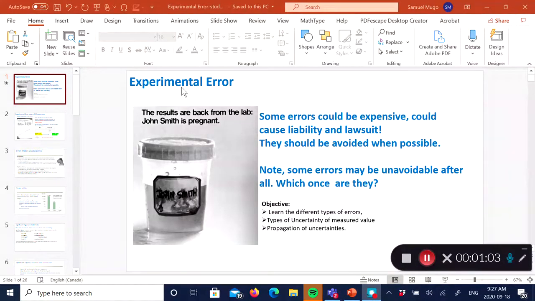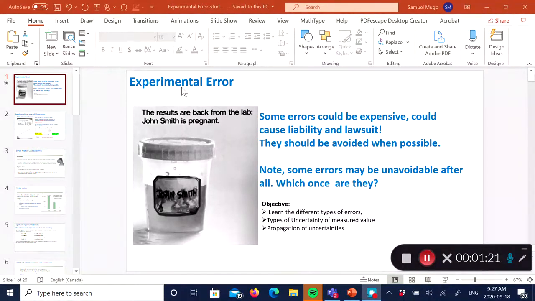So take note of this: while some errors can be avoidable, others cannot be avoided and they can only be quantified. So in this lecture, we're going to talk about which can be avoided and what cannot be avoided.